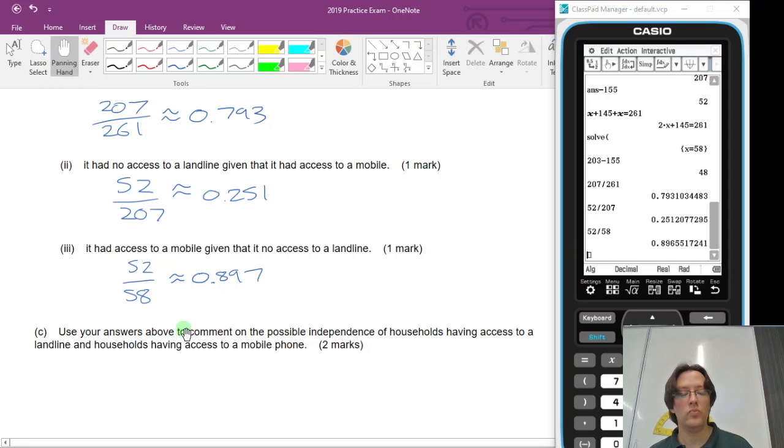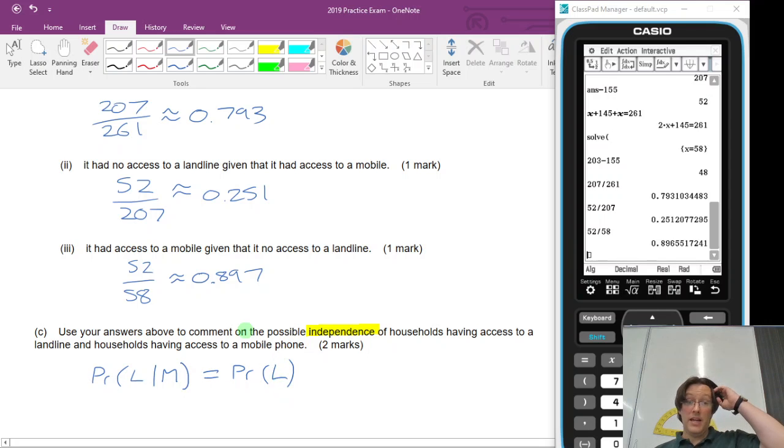Now, use your answers above to comment on the possible independence of households having access to a landline and households having access to a mobile phone. So, if they are independent, the probability of landlines, just a second, given mobiles should be the same as the probability of landlines.